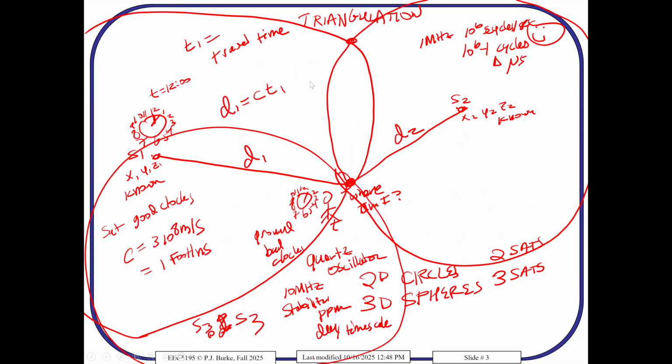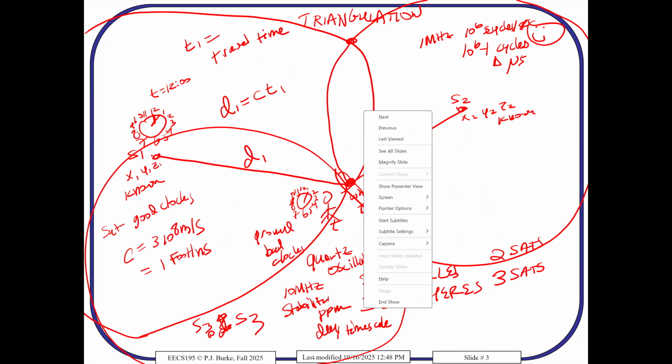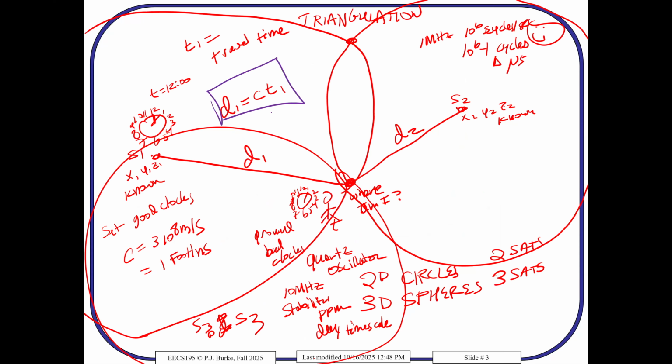So the distance equation uses the speed of light in air, which is the speed of light in vacuum divided by the index of refraction of air. In principle, you could measure that and calibrate it out. The problem is it varies with time because of the upper atmosphere chemical composition.